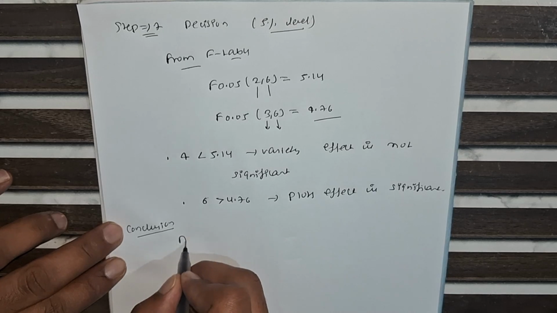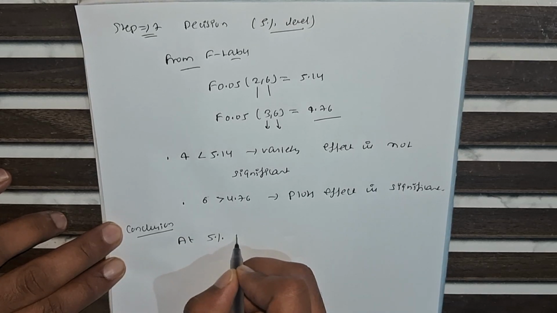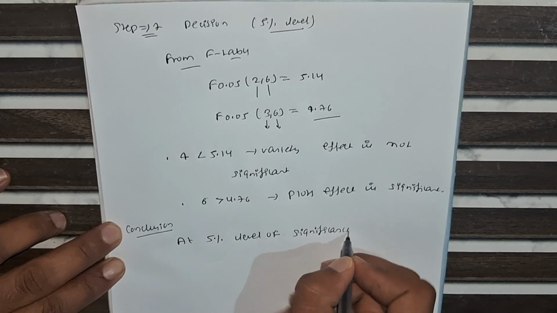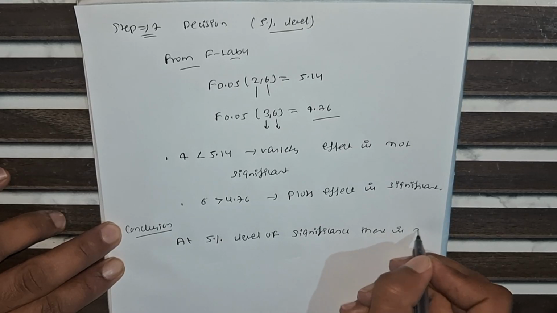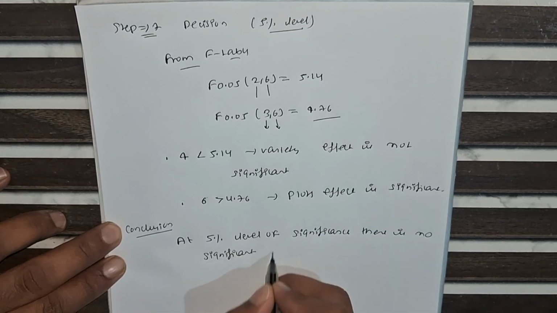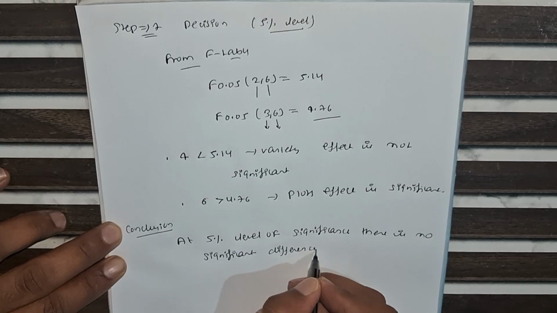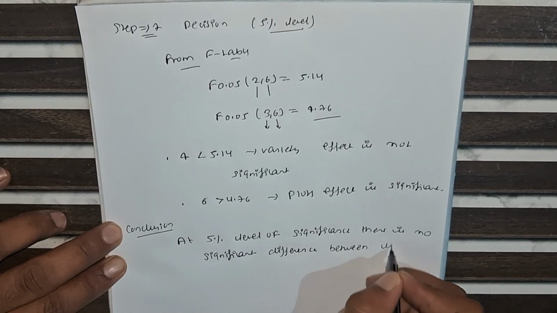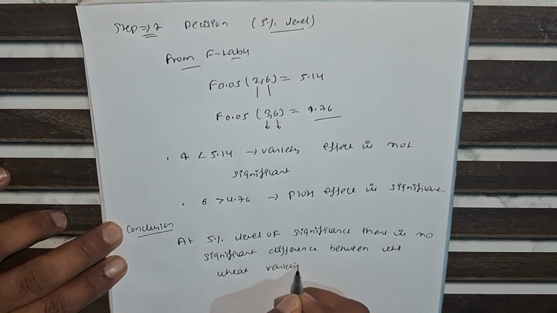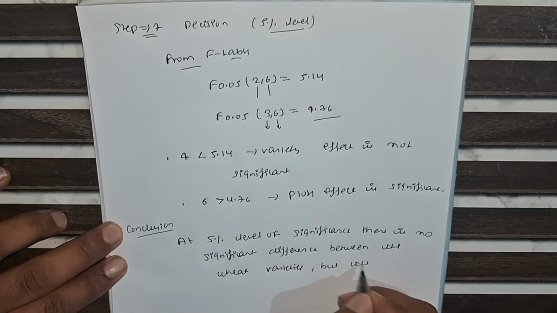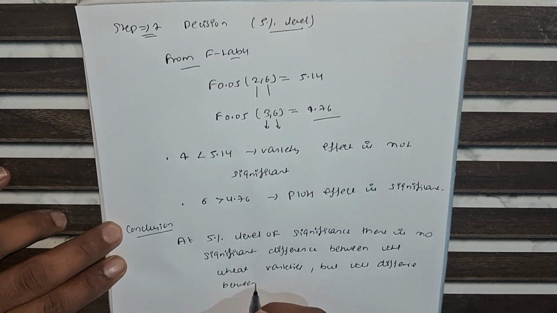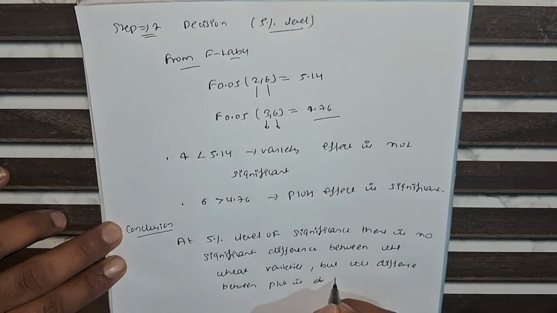We can write it as: at 5% level of significance, there is no significant difference between the wheat varieties, which is given in the question, but the difference between plots is significant.